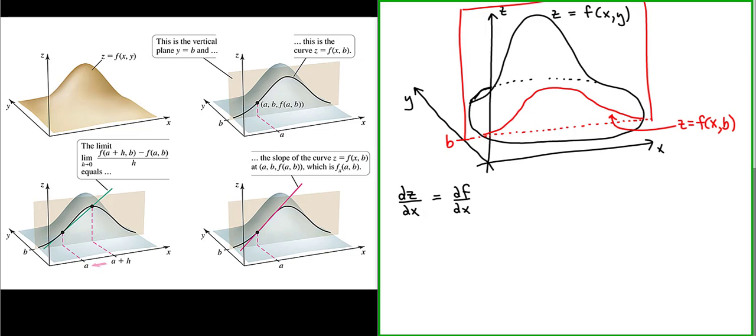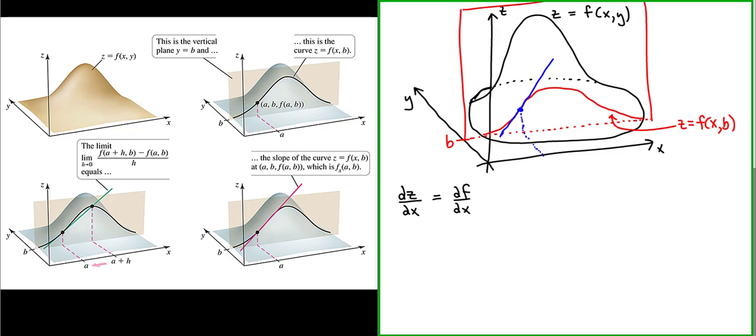Let's take an arbitrary point, maybe right here on the curve of intersection. Now the slope of the tangent line at this point will be equal to our derivative at that point. So at that point on our hill, let's just drop a line to the xy plane and then a line to the x-axis.